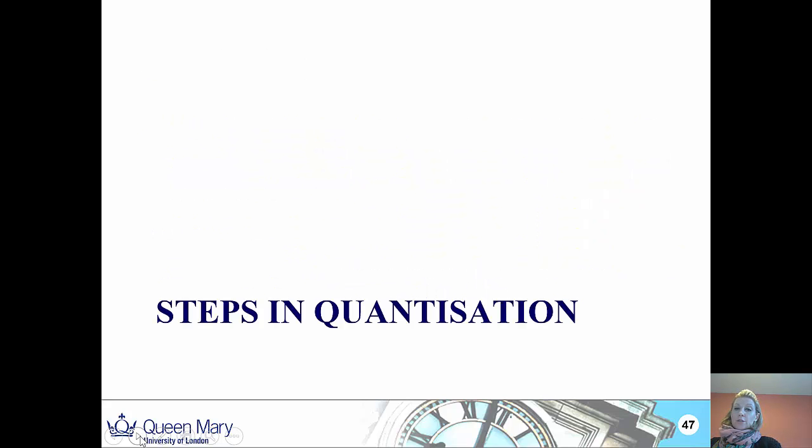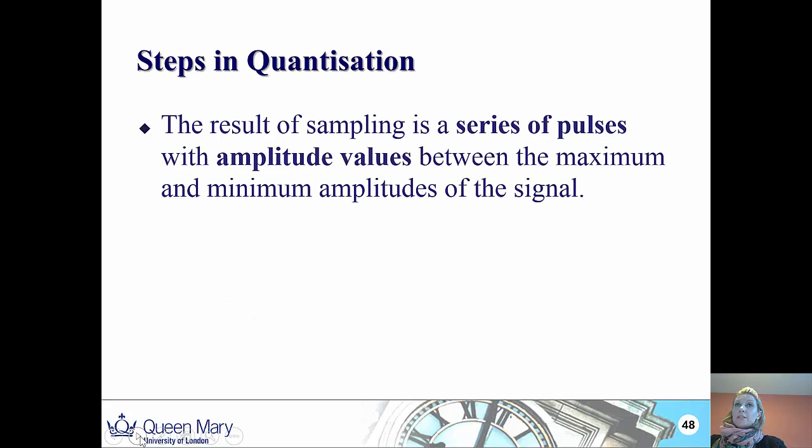Just to conclude this series of slides, the actual steps which are carried out. Quantization is the next step in the conversion of the signal so that it may be transmitted. This is applied after we sample our continuous signal.